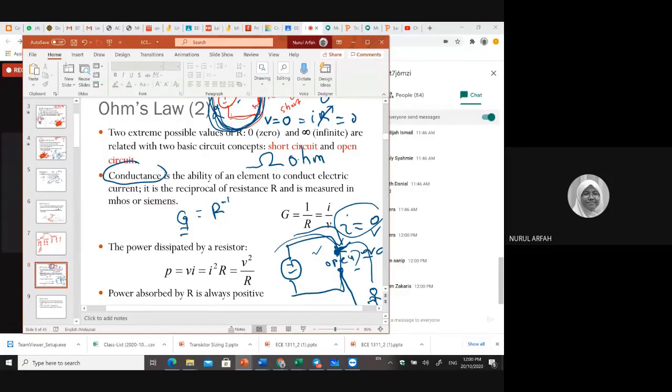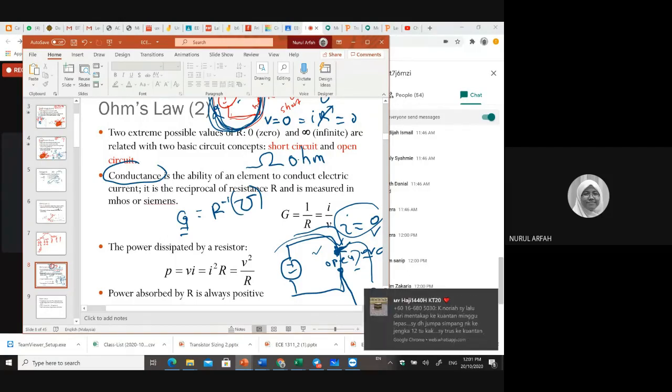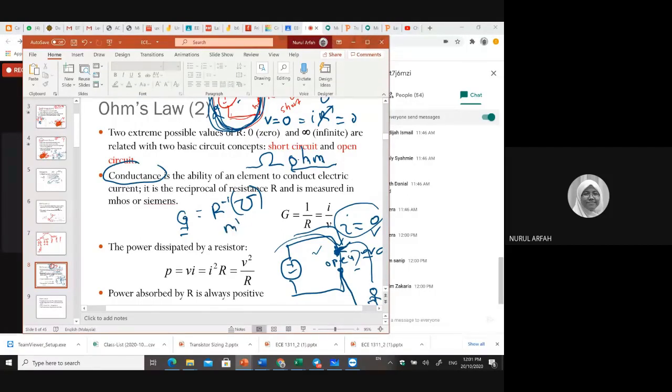But for conductance, you will take this as an inverse. This is the unit for conductance, or you call it a mho, M-H-O, mho. Or you can also write S from Siemens. So the unit is mho or S.